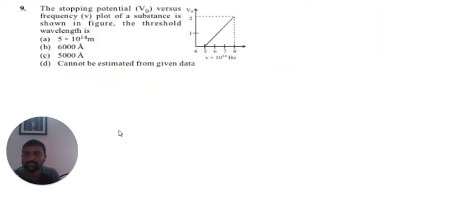Now move to the second question. He gave the graph between stopping potential versus frequency. The question is, find the threshold wavelength of the metal. So what is threshold wavelength? We are very familiar with that.